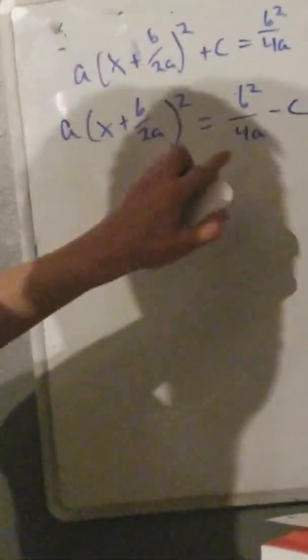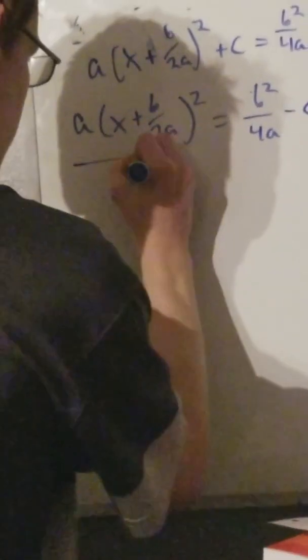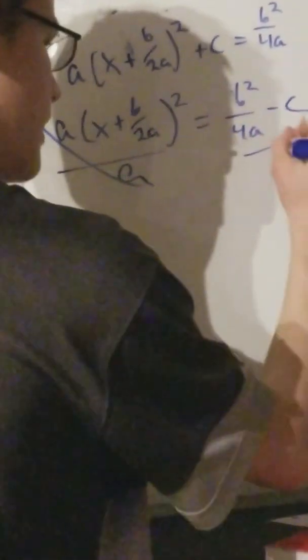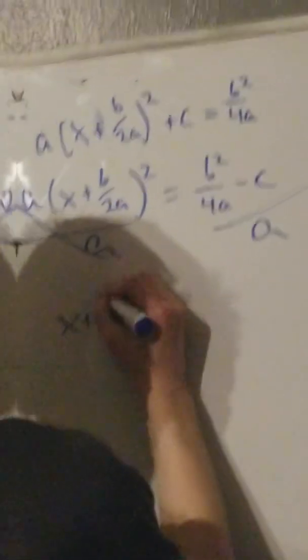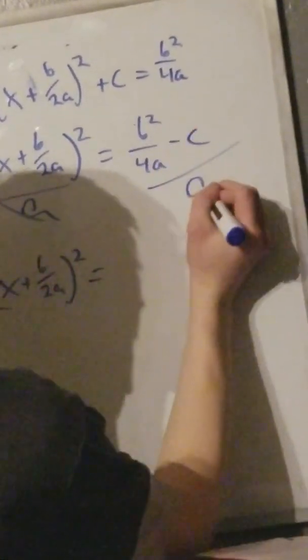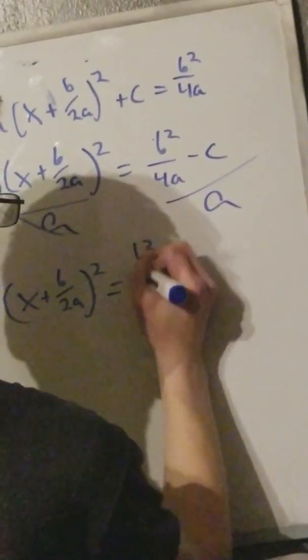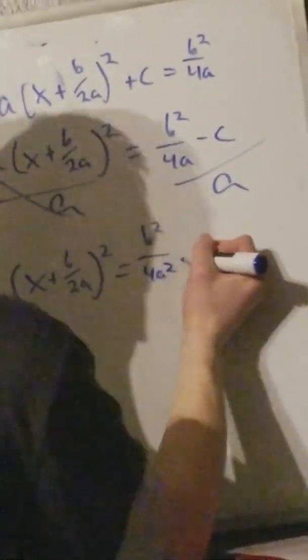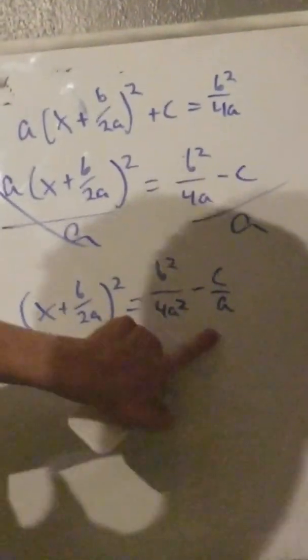See, we're trying to get everything over here, so we're going to divide by a. This will get us x plus b over 2a squared equals, this will be times this, so b over 4a squared. And remember, we're just dividing that out, so it'll be c over a. Now, we need to subtract this further. Problem is we don't have a least common denominator.